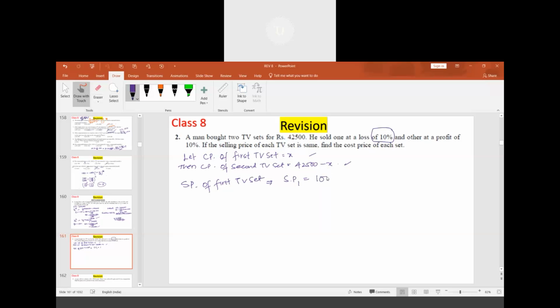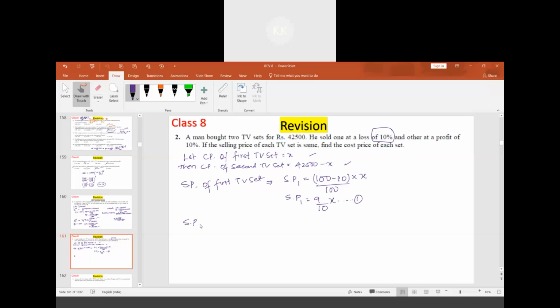So 90X divided by 100 is 9 by 10 X. Let me call this equation 1. This is the selling price of the first TV set.